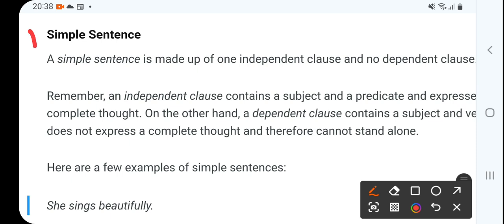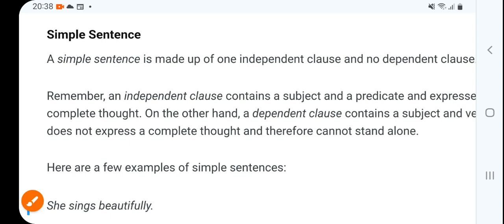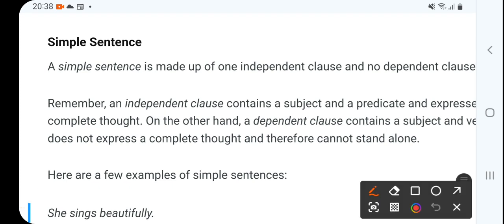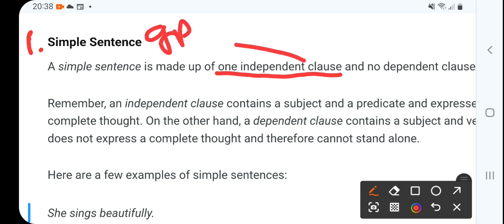First is the simple sentence. A simple sentence is made up of one independent clause, which is very important. Independent means not dependent on another clause. And what is a clause? A group of words, right?